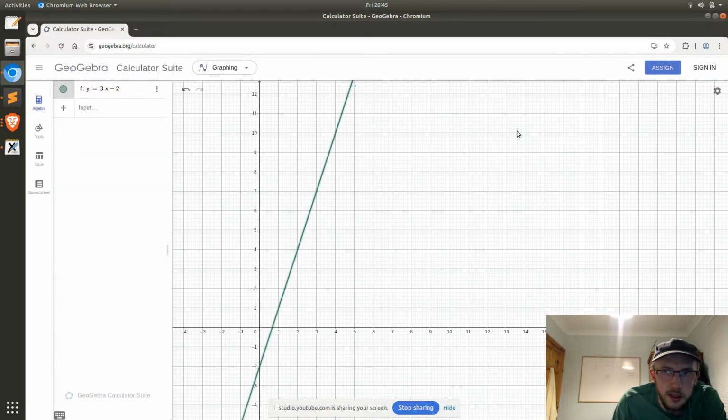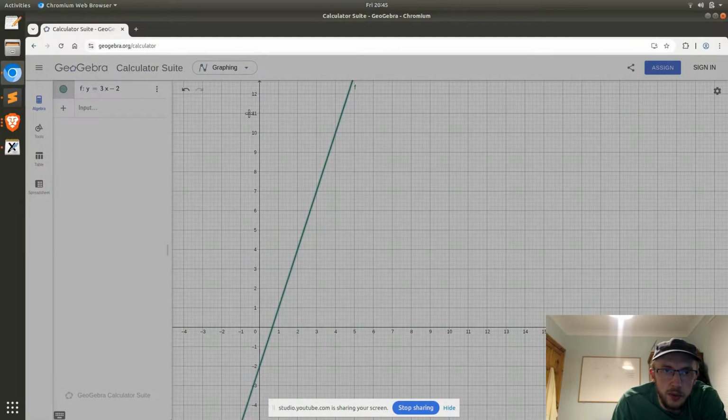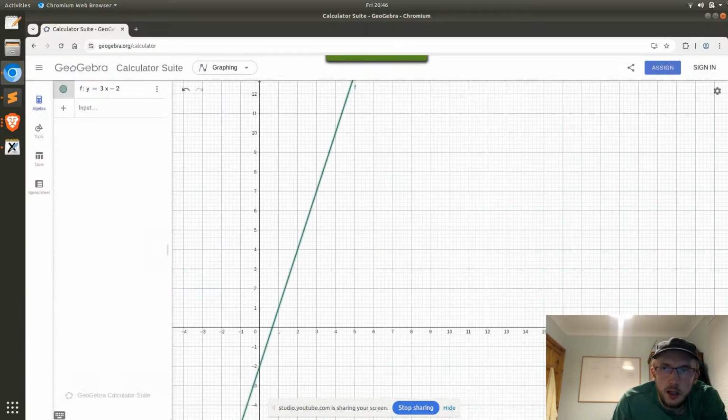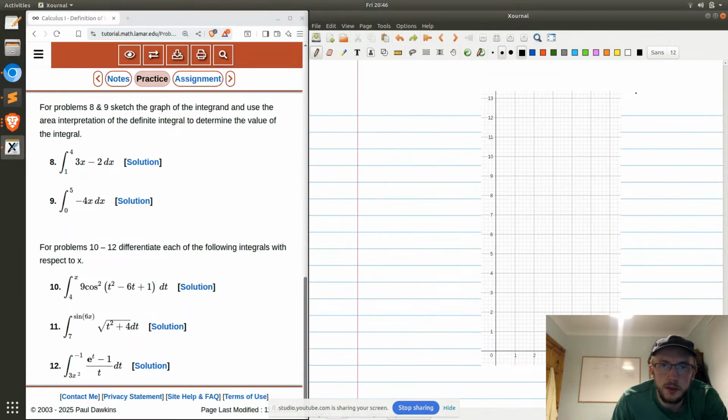Okay, I didn't know that. You can only go from top left to bottom right with this tool. Interesting. All right, so grab this, undo.